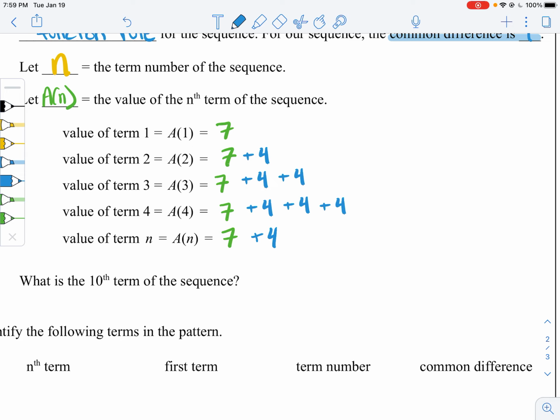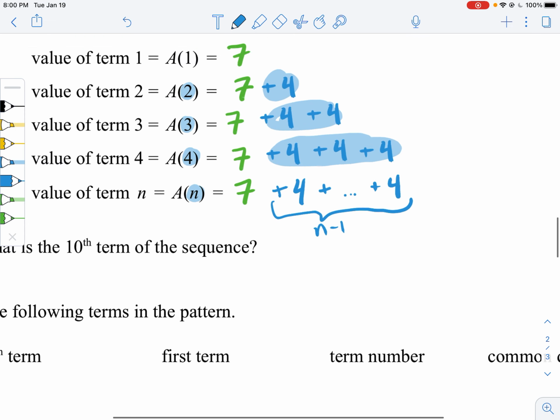But how many times do we add 4? When we had 2, we added it once. When we had 3, we added it twice. When we had 4, we added it 3 times. So to add n, we add it whatever n is, but take 1 away. So it's n minus 1.